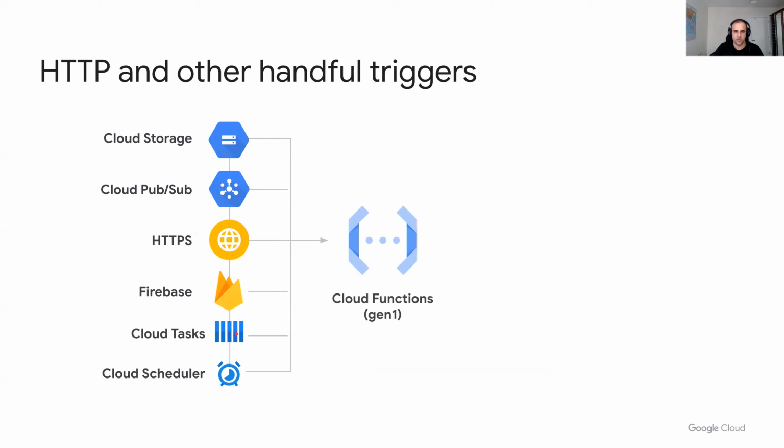So there were a few other triggers, but they were very limited. Like there was only a handful of things. So mainly HTTP driven and some kind of storage or PubSub or Firebase triggers at this stage.